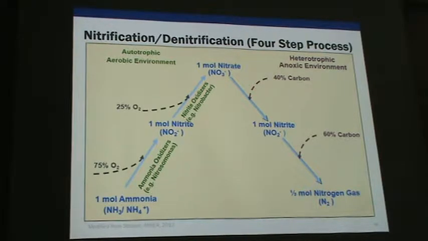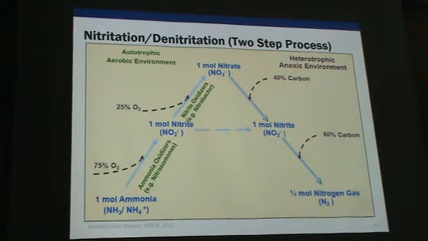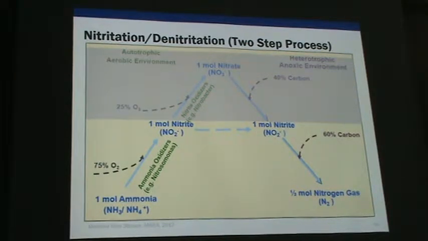There are some approximations for the relative amounts of oxygen required, and the relative amounts of carbon. And if you can, the research over the last decade has shown that you can shortcut this process so that you don't have to go all the way to nitrate by controlling the dissolved oxygen concentration.